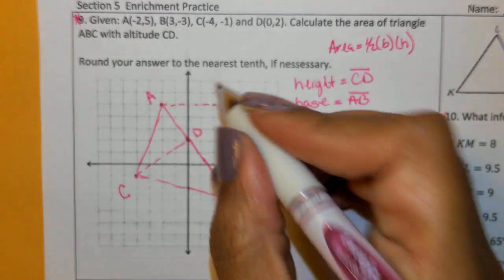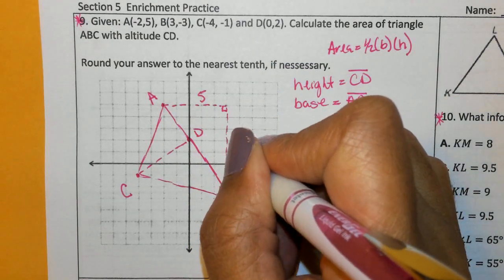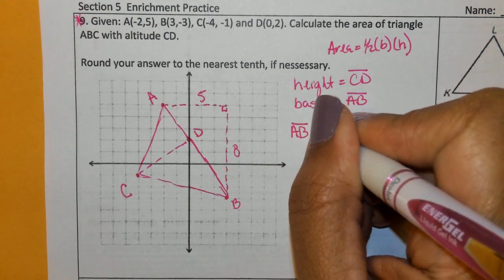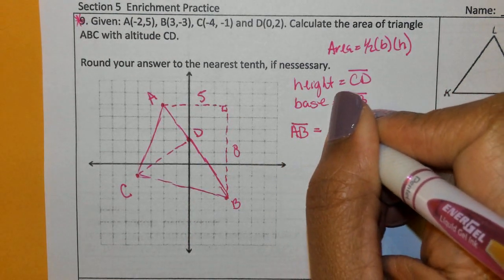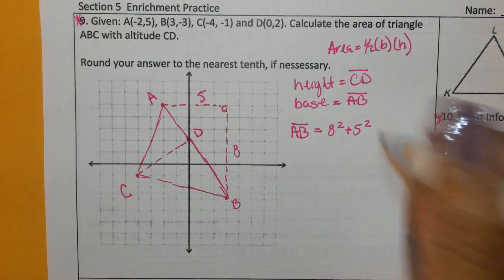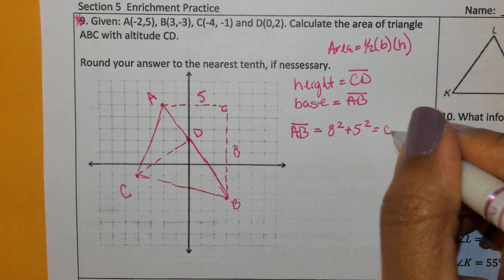Okay. So what I'm solving for now is AB. Remember, it never matters which one comes first or second. It will work itself out in the end.